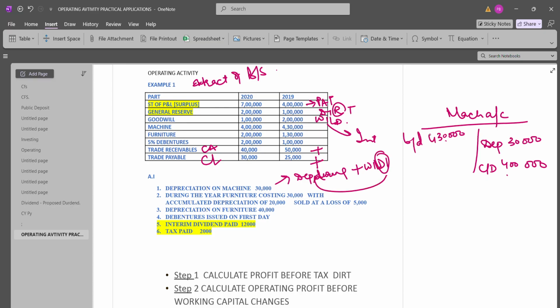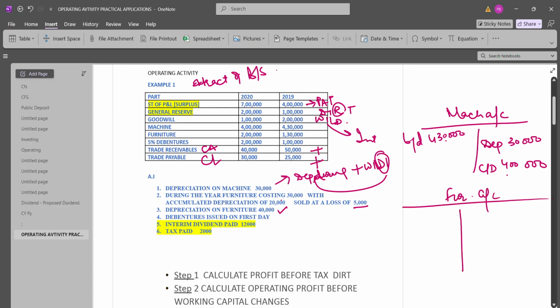During the year, this furniture costing 30,000, on which accumulated depreciation was 20,000, so 30 minus 20, 10,000, sold at a loss of 5,000. And depreciation on machine and furniture is 40,000. So we have more information for the furniture account. Let's prepare it.